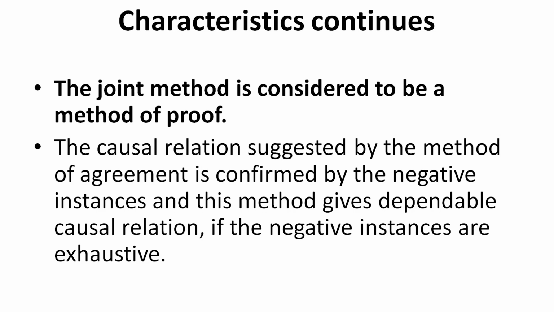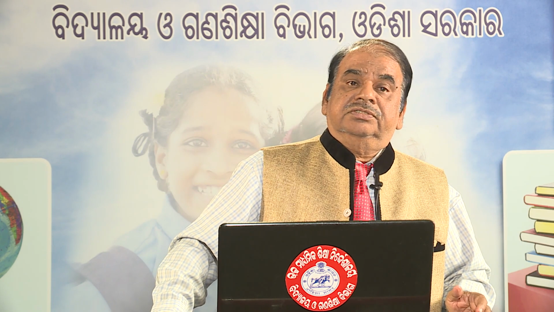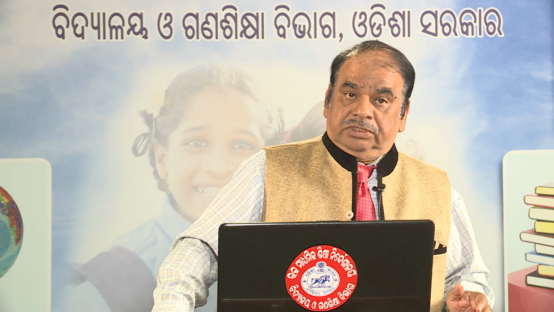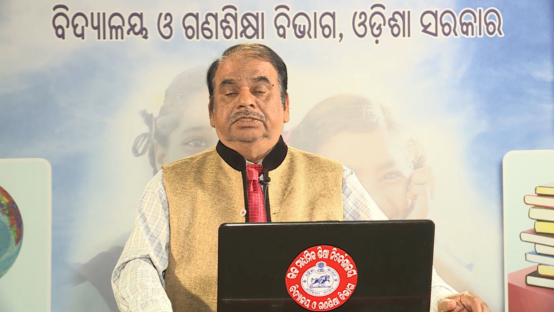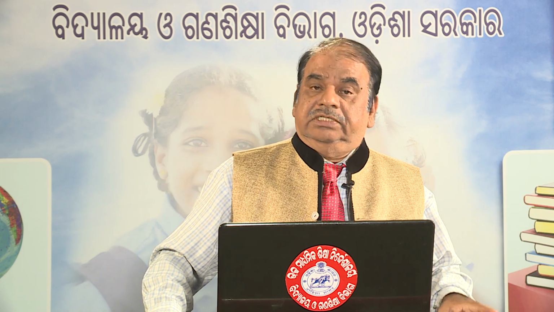Another characteristic is that the joint method is considered to be a method of proof. As you know, the method of difference was considered to be a method of proof. It was based on types of experiments. Similarly, here also we prove the causal relationship.